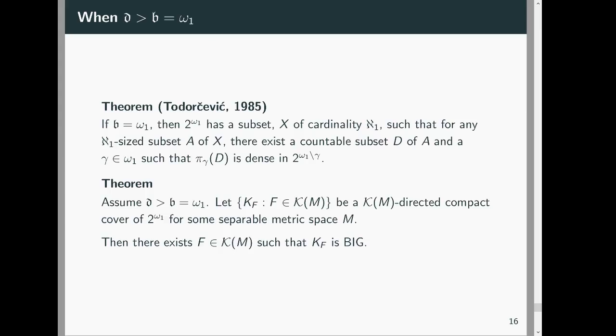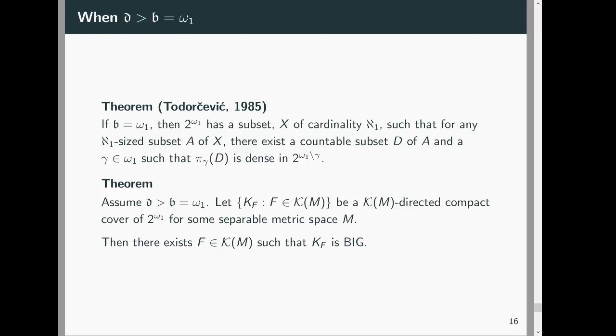And what about the other cases? If you have b equal to ω1, we use this result, and the proof here is very, very similar to Alan and K(P)'s proof.